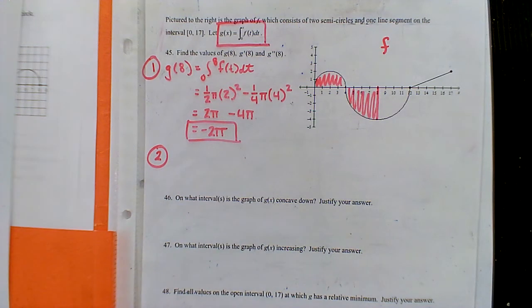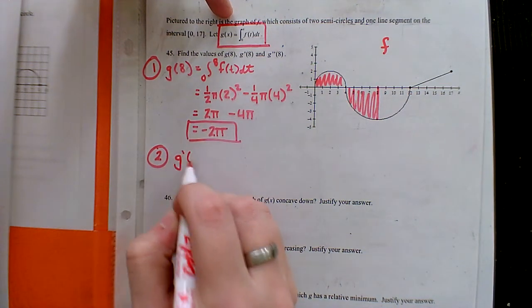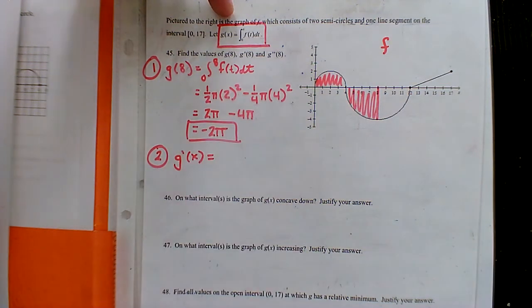G prime of 8. So we have to figure out the derivative of the g equation, whatever it is, and then we'll plug in 8 for that x value. So at the top, we want to find the derivative of that integral. We have to utilize the second fundamental theorem of calculus.